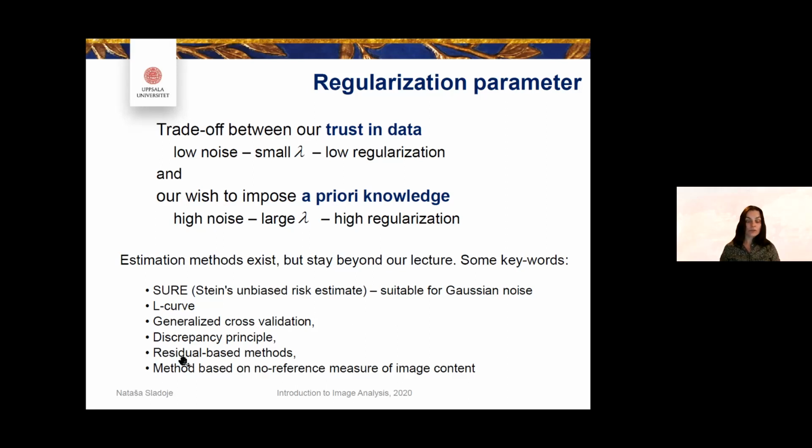You are very free to explore this if you're interested. All these will help me select the right amount of regularization and set the right amount of how much I trust my data and give importance to the data term compared to how much a priori knowledge I want to impose and therefore give higher relevance to my regularization term.